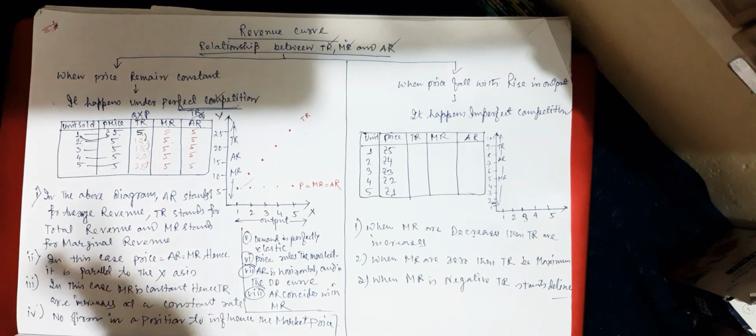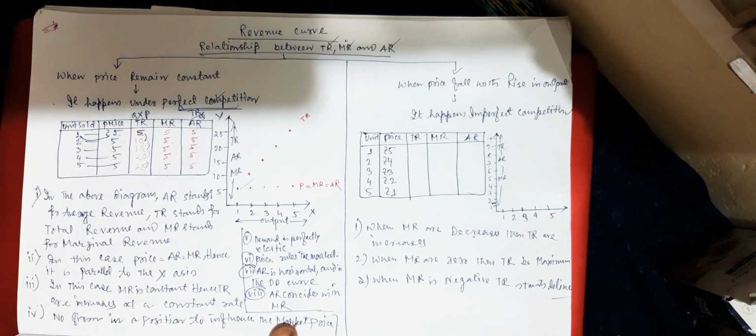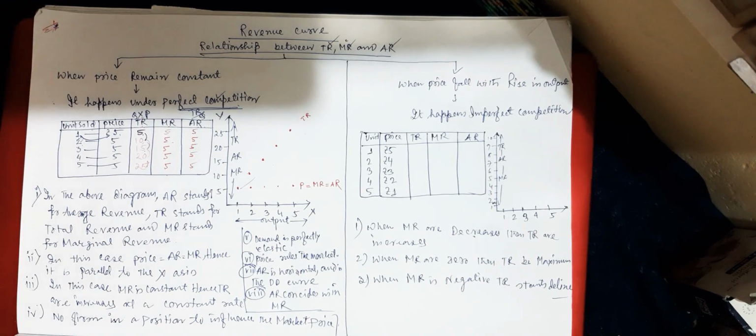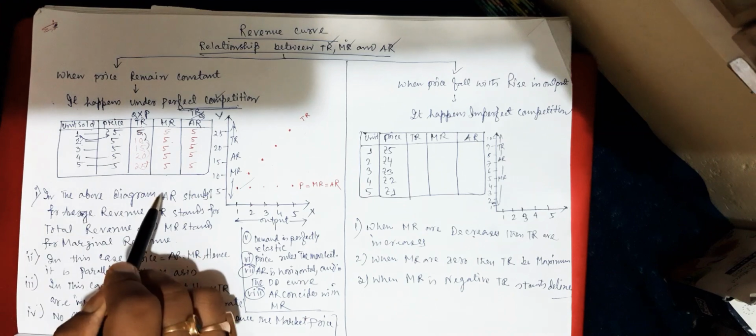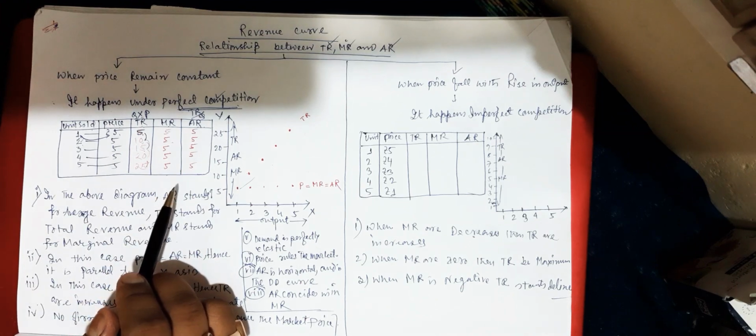These questions may be asked in your exams: why in perfect competition markets P equals MR, or P equals MR equals AR, or P equals AR. This is the main table by which we are able to find it out.